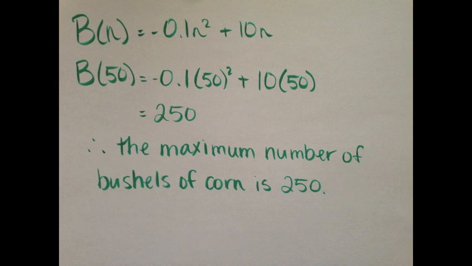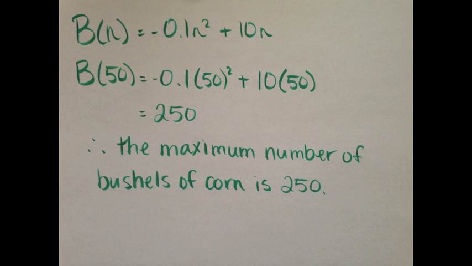If you wanted to know the maximum number of bushels, all you would need to do is plug your value of n back into your original equation. Since our original equation was B(n) is equal to negative 0.1 n squared plus 10n, you would plug in 50, since it was the value of n, for every n value.